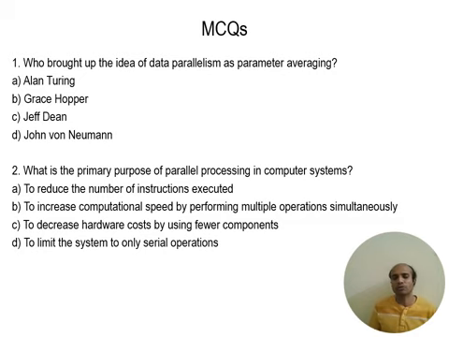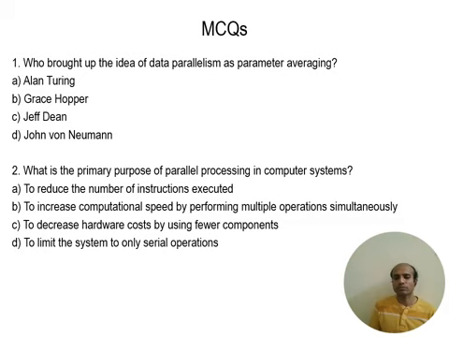So they wanted to know why exactly we are using parallel processing in computer systems. The options: to reduce the number of instructions executed, to increase the computation speed by performing multiple operations simultaneously, to decrease hardware costs by using fewer components, or to limit the system to only serial operations.